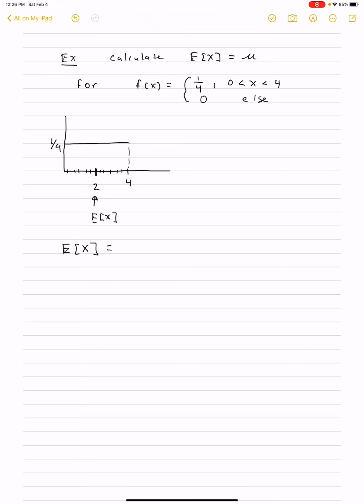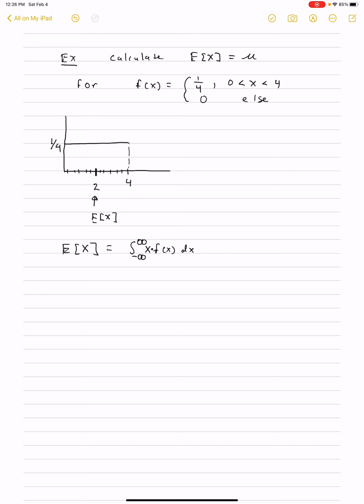None of them will be exact until I take infinitely many subdivisions, and in that case you get an integral. Okay, so expected value is given by summing things up, i.e. taking the integration, and we integrate x times f of x dx.